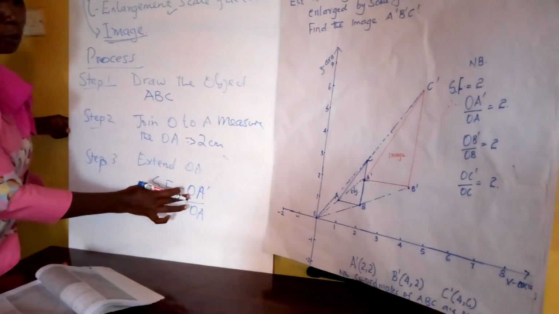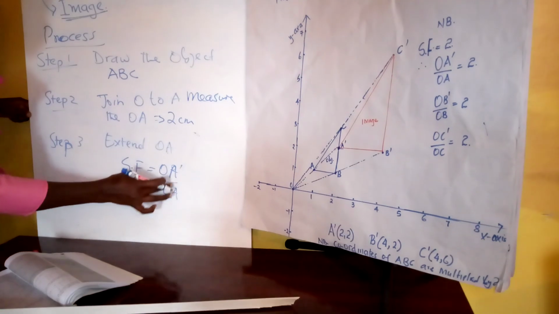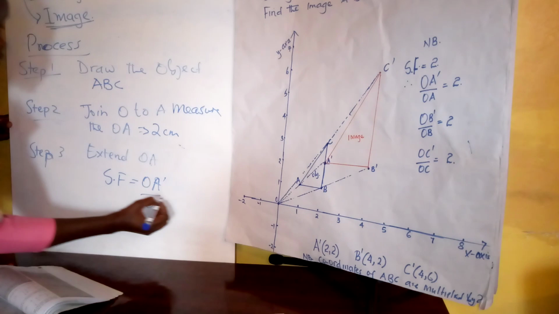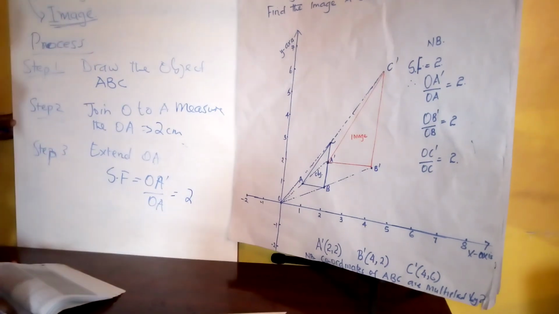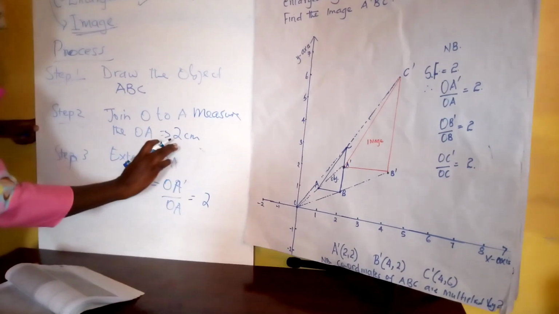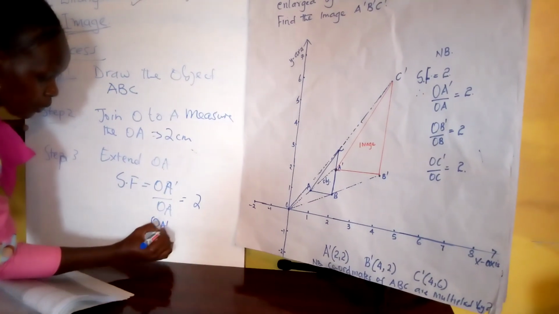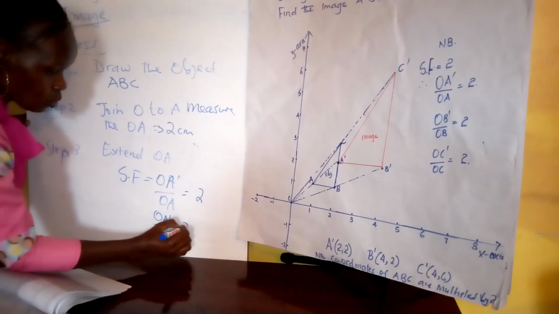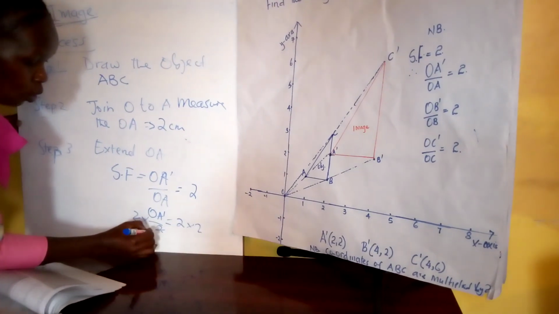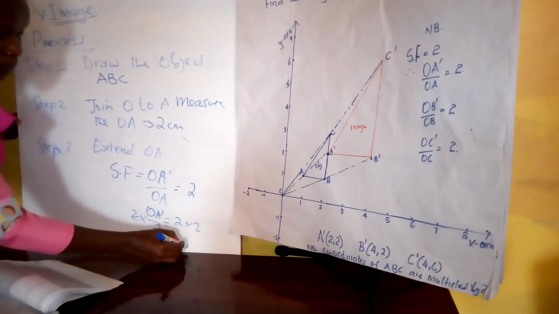So our image will be OA prime, that is the length of the image, then OA is the length of our object. So this one is the one that we are saying the scale factor is 2. So if you had gotten OA as 2 centimeter, then you're going to say OA prime over 2 centimeter is 2. Multiply both sides by 2, and you get that OA prime is 4 centimeter.